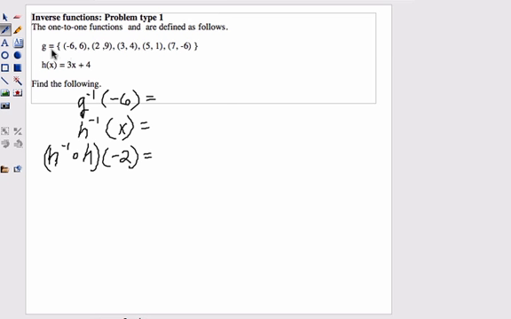For this g function, if I want to find the inverse of g, I just switch my x and y values.